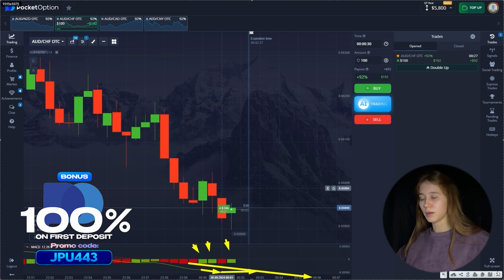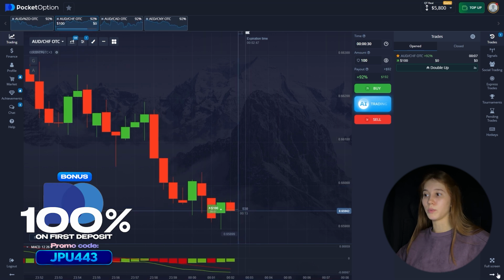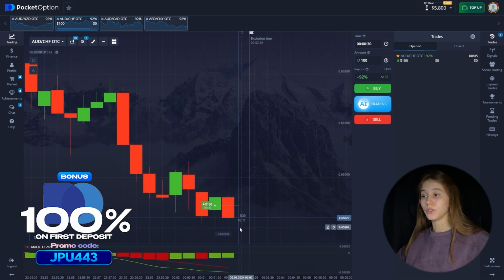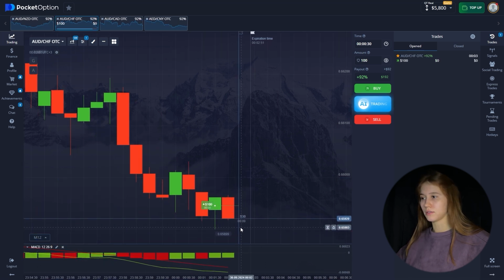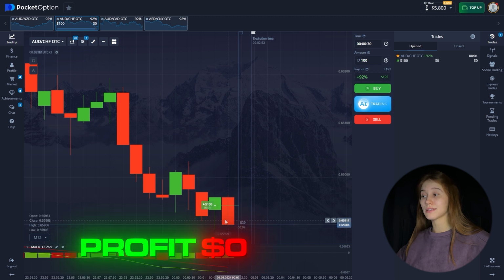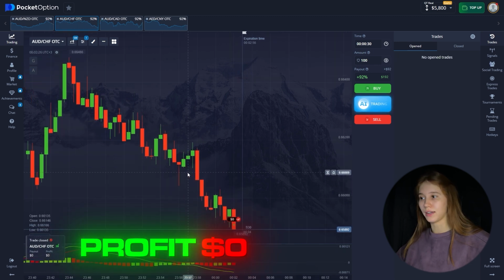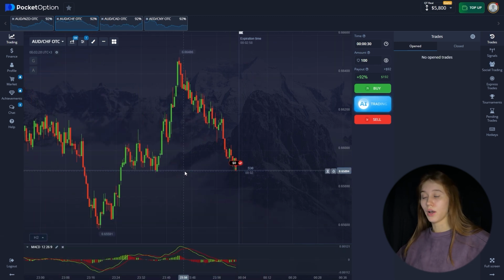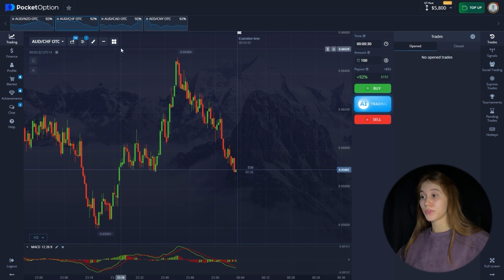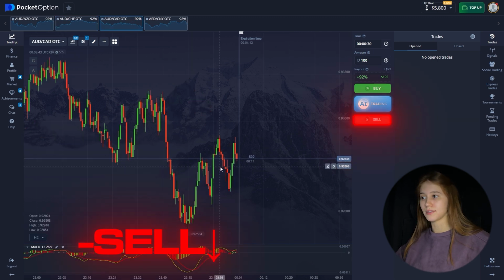Don't confuse it with the upward trend, and we open the deal for an increase, and yeah, we see this second deal is already in the negative for us. So the whole strategy, we see a third currency pair, and we'll confirm that this strategy is terrible.